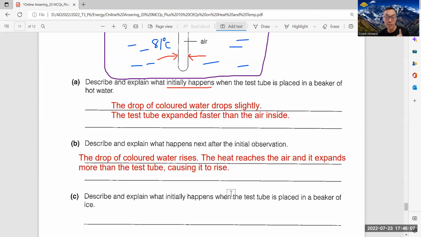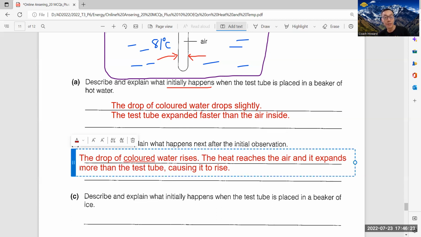The reason is because the heat reaches the air and it expands more than the test tube, or expands faster than the test tube. Maybe you put expands faster than, causing it to rise.